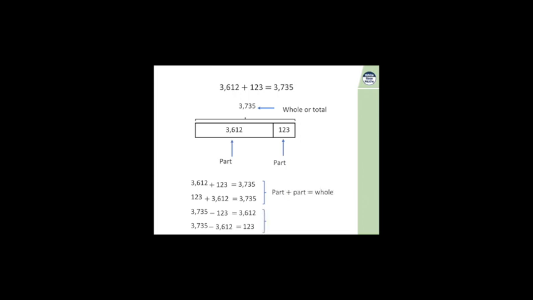So in the top two examples, a part plus a part equals a whole. In the bottom two examples, the whole minus one of the parts equals another part. So think of addition and subtraction in terms of parts and wholes using a bar model. There's nothing stopping you from using a bar model, as long as you keep it neat and tidy and you can understand exactly what's going on there.